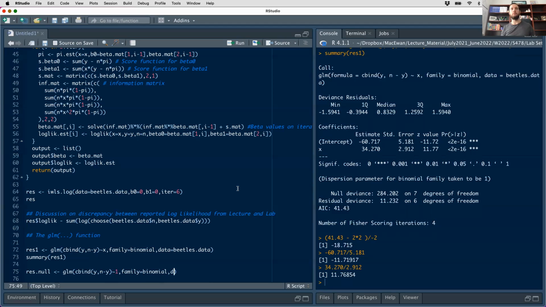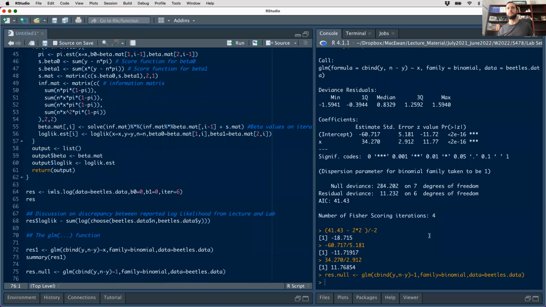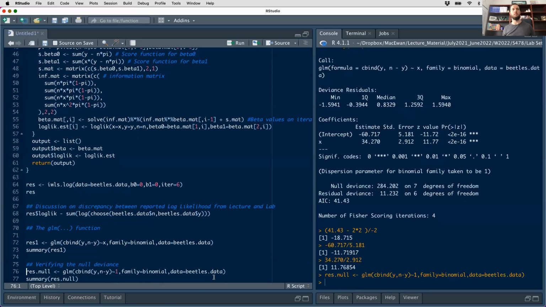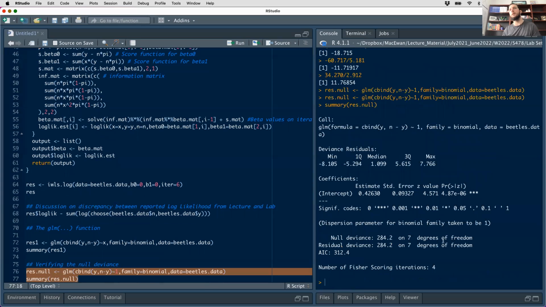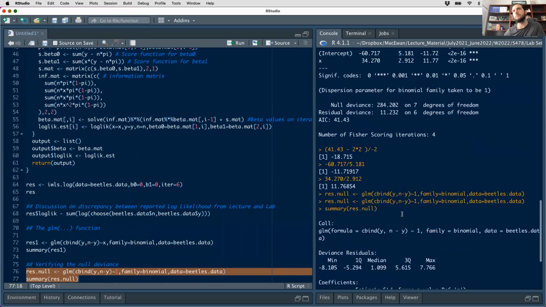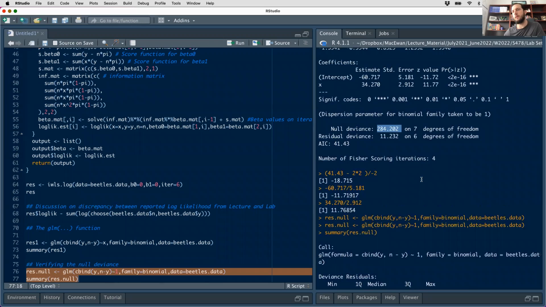Okay, family equals binomial, Beetles dot data. Okay, so you can see here, there's that 284.2, which is the same value shown here.